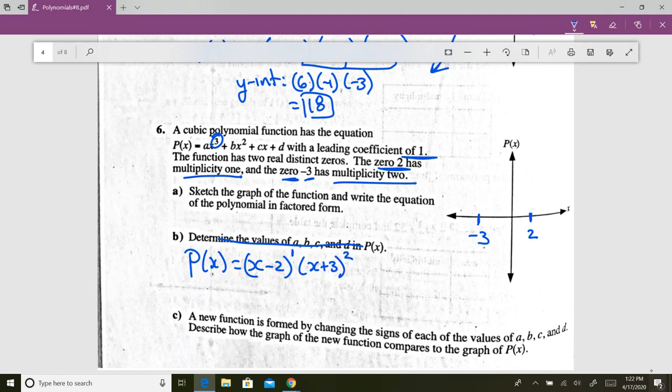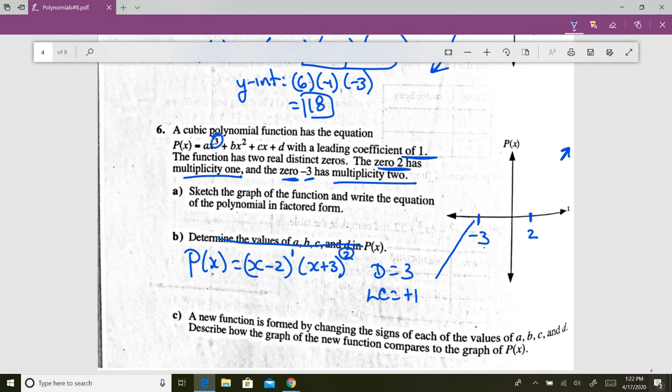You're going to sketch this graph. The degree is 3, and the leading coefficient +1. So we know if it's positive leading coefficient, our right arm has to end up. Since it's an odd degree, we start down here because they go in opposite directions. So the graph comes up at -3.